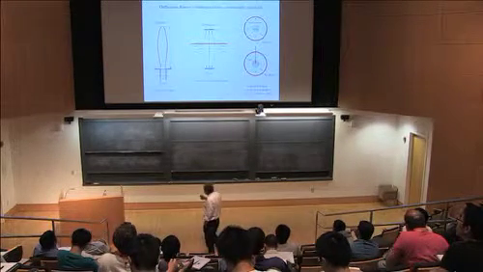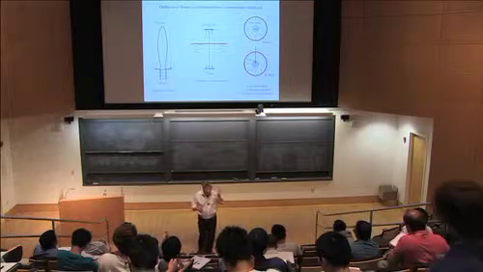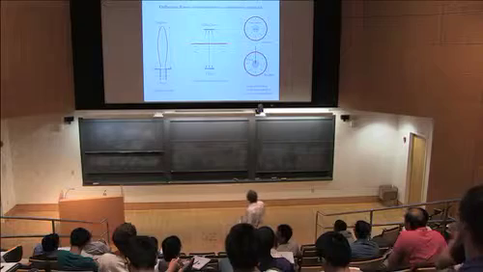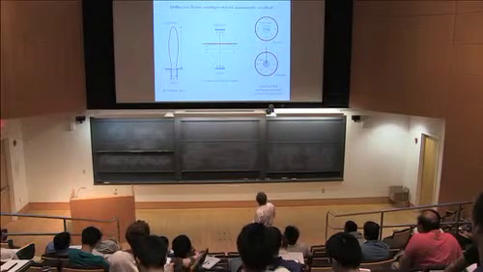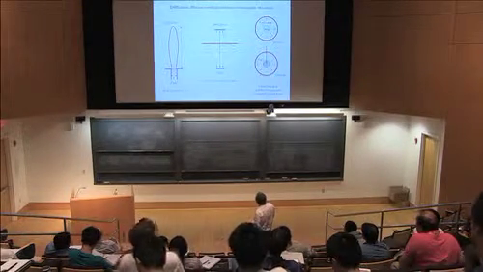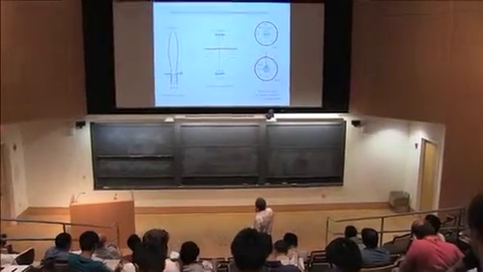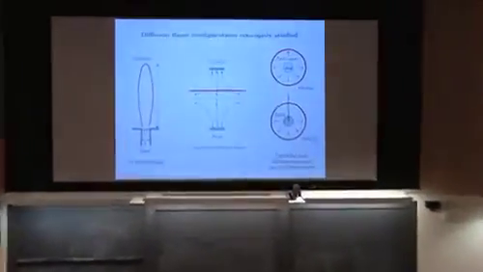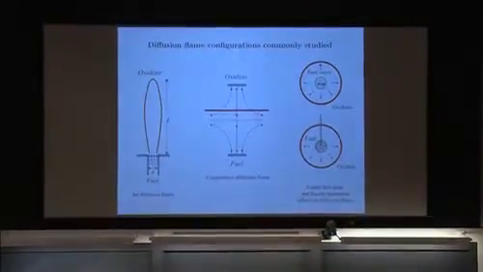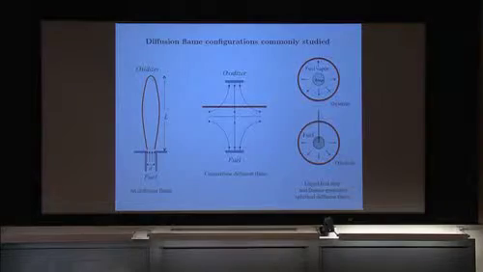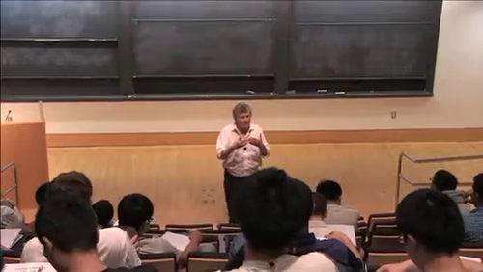Here are the simple configurations that have typically been studied in the literature. This is a jet diffusion flame. The fuel emanates from this jet and burns with the oxidizer, which is the air outside. This is another configuration that we discussed before for premixed combustion, but now what you have are two burners that are aligned and the two jets, one of fuel and one of oxidizer, impinging against each other.